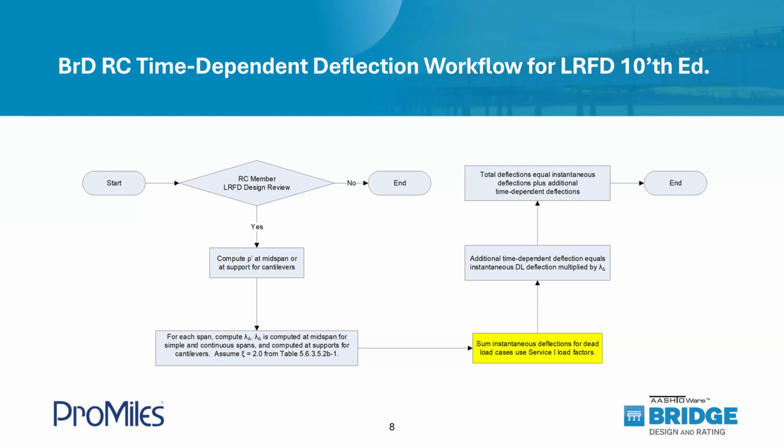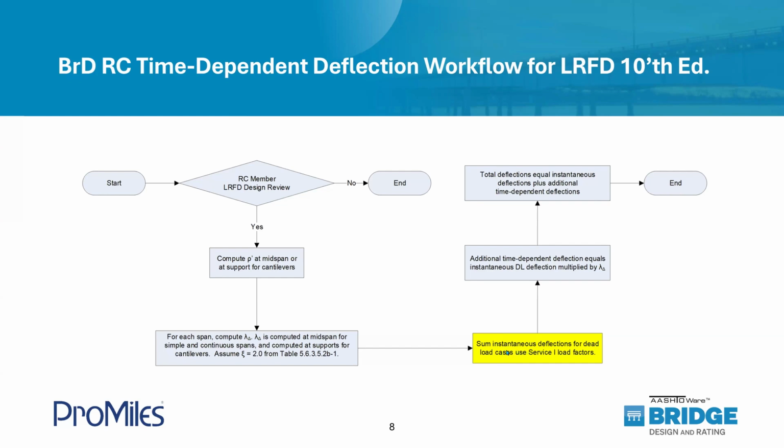So let me continue with the time-dependent deflections. What I highlighted here is where we calculate the instantaneous deflections that are actually used for time-dependent deflections. These are the deflections due to sustained loads, and they are combined using service load combination factors.